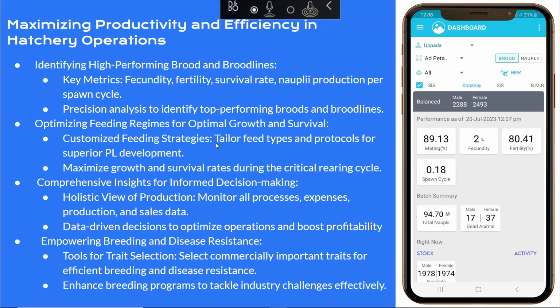Because Blue Hatch and Blue Bay can be integrated, a hatchery, when he sells his seed to a select set of farmers, can engage in a program where he can get data from the farmers on the performance of his seed at the farm level, and he can plan his hatchery processes such that it is more disease resistant or has better traits.